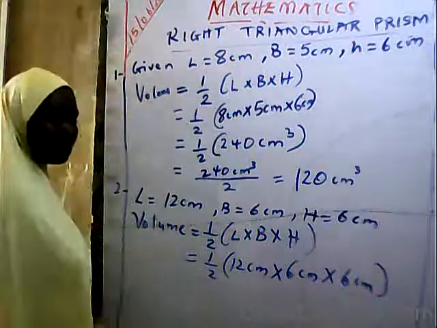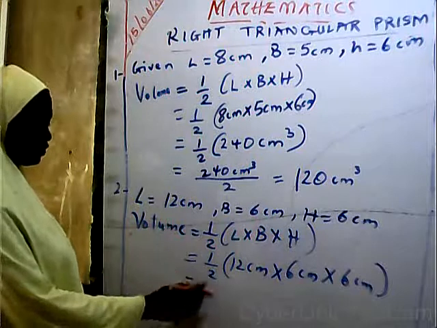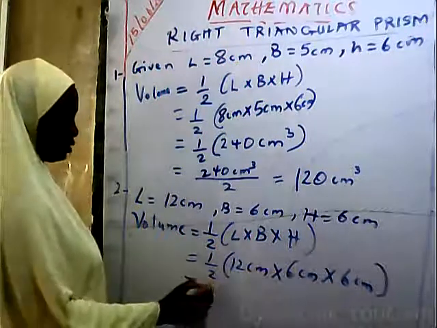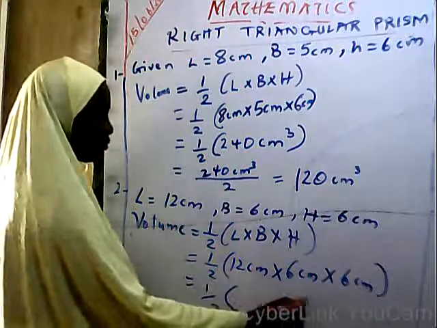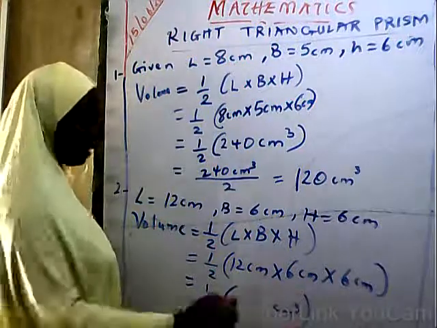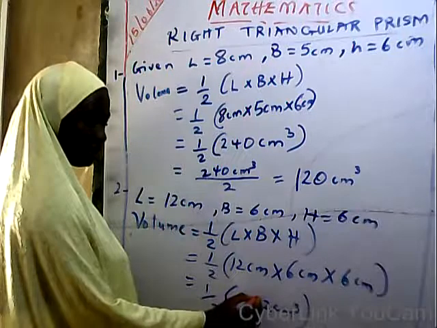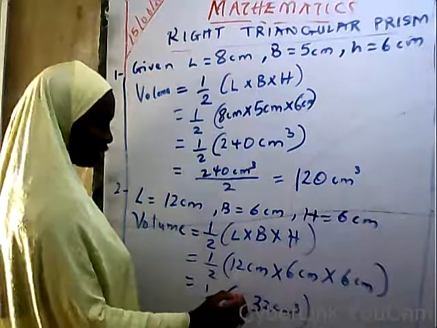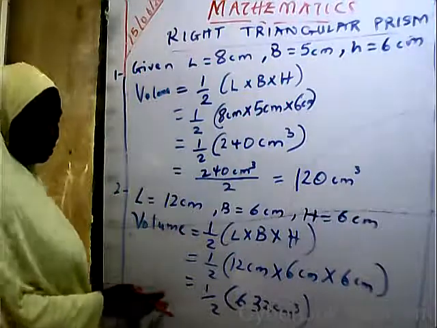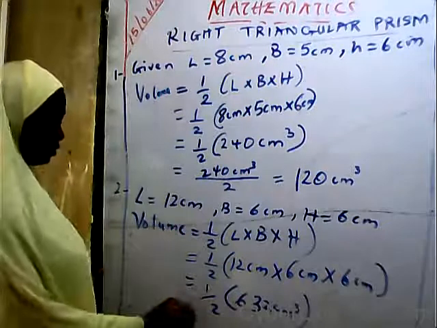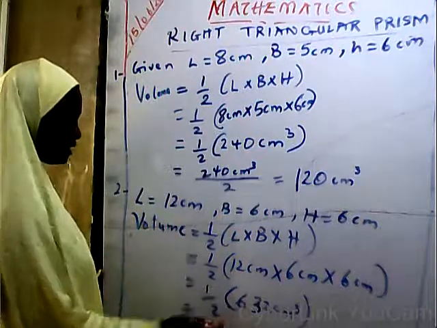If you multiply these three figures together, that's 36 multiplied by 12, which gives us 432 centimeter cube. Now, I want to divide this by 2.